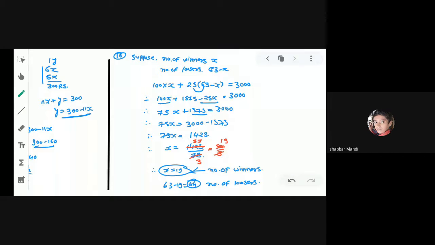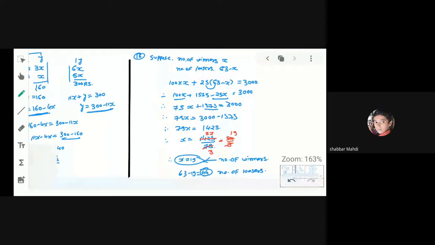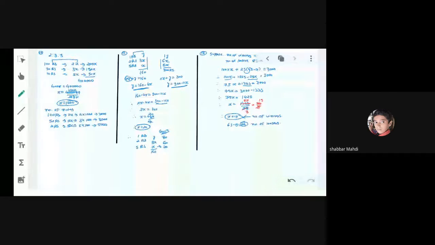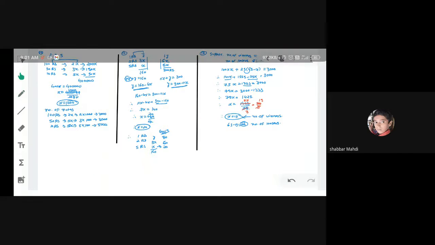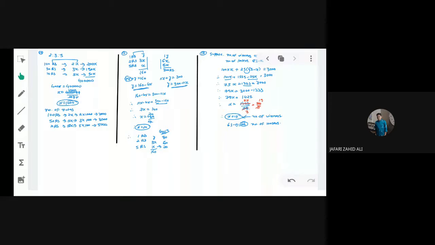Sir, please zoom out. Sir, I want to take a screenshot of the full page. Thank you, sir. Okay, written all of you? Write down fast.